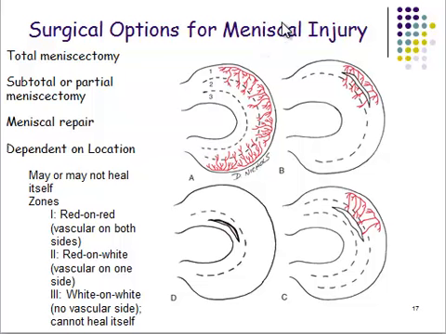Again, if there's damage to the meniscus in zones 1 or 2, these are considered repairable because there will be an inflammatory response and a healing process. However, those in zone 3 are usually just removed. So the differences here are between a repair and a meniscectomy.